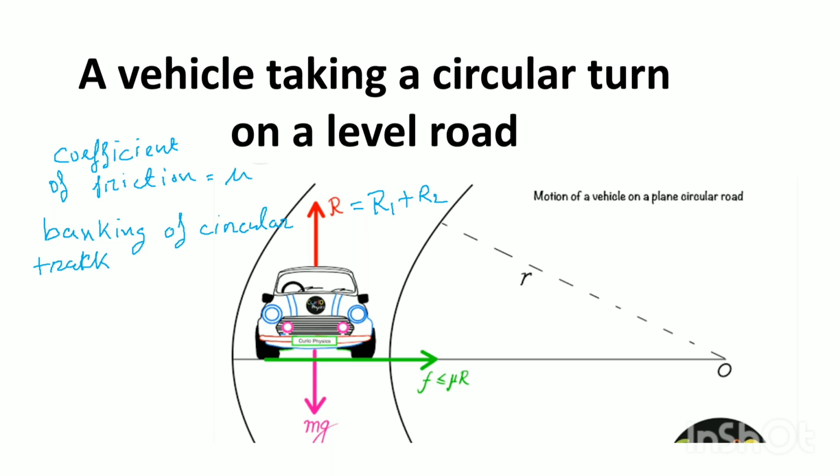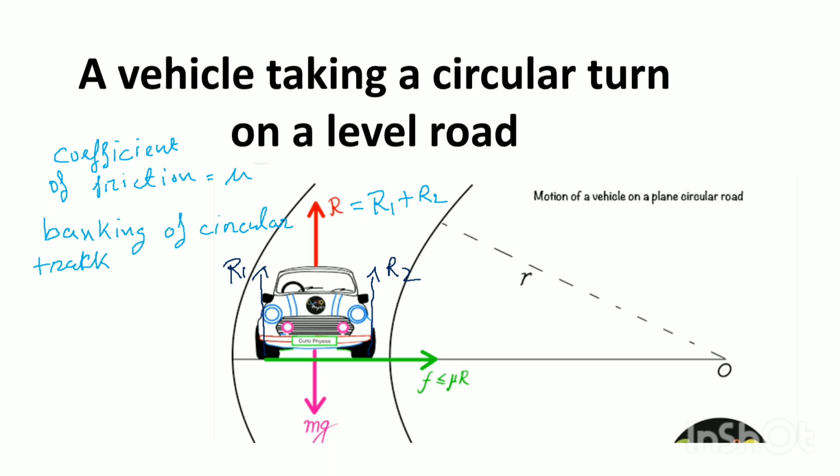It is our experience that whenever a car takes a turn, the passenger sitting in the car experiences a force which tends to throw them away from the center of the curved path.